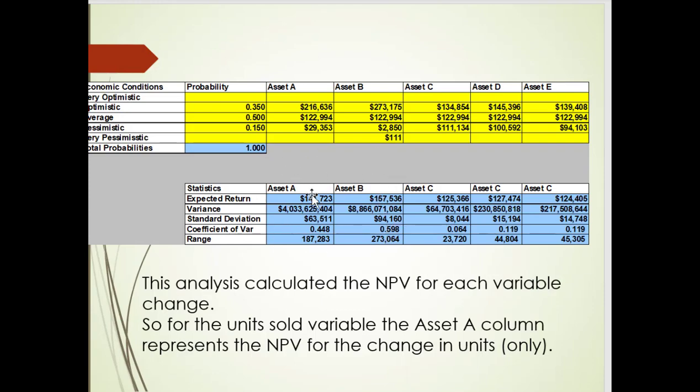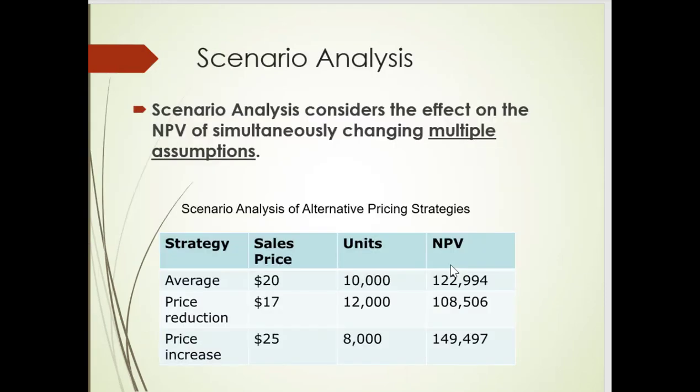So we want to put a lot of effort into forecasting units and price. The least of our worries should be the labor cost, because that is not going to dramatically impact our net present value if we're off a little bit with that particular variable. So that's what's referred to as sensitivity analysis.